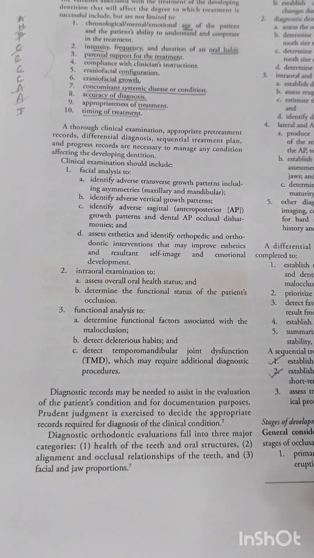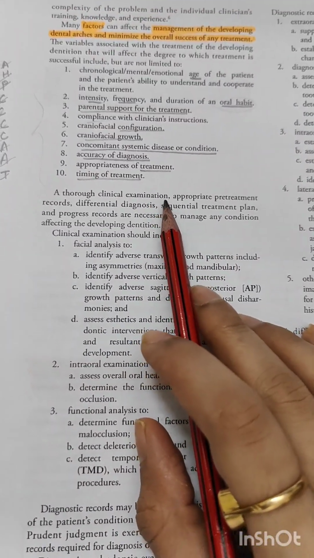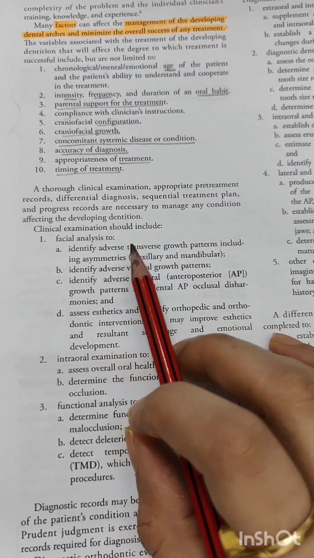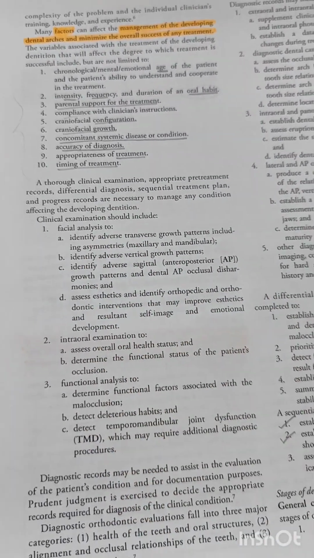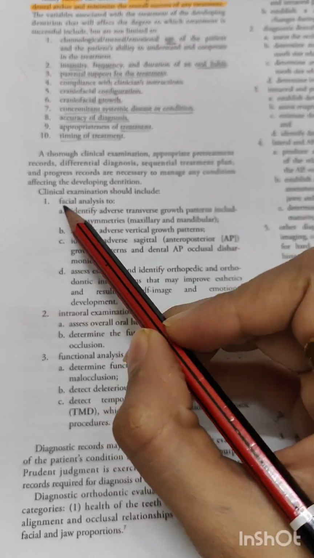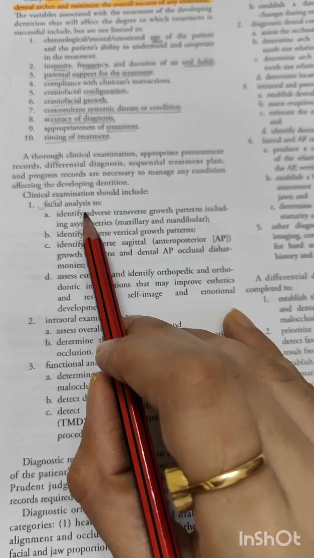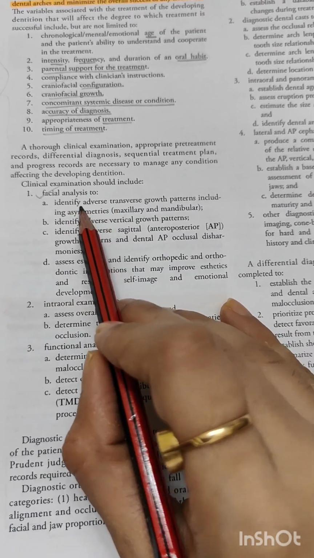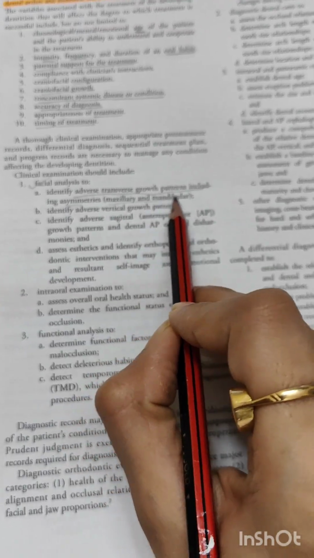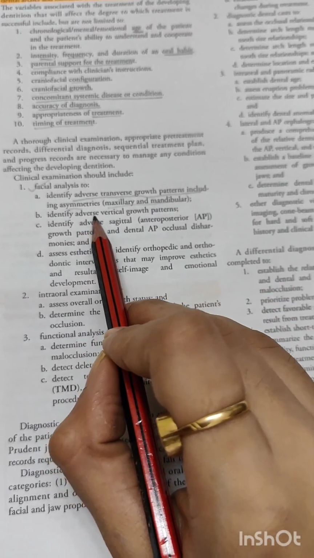Now, a clinical examination and appropriate pre-treatment records are very important. What are the clinical examinations which should be included? First, we should do the facial analysis, to identify any adverse transverse growth pattern, including asymmetries of maxilla and mandible.